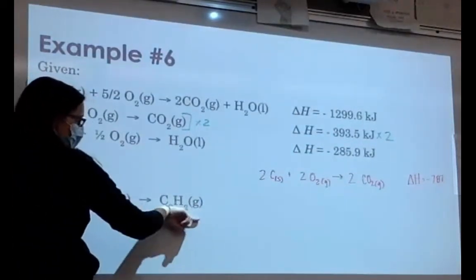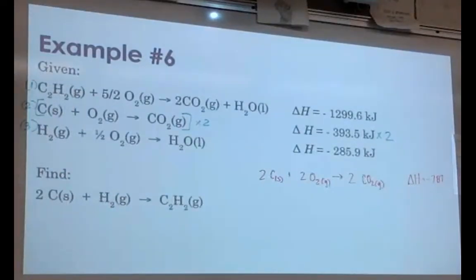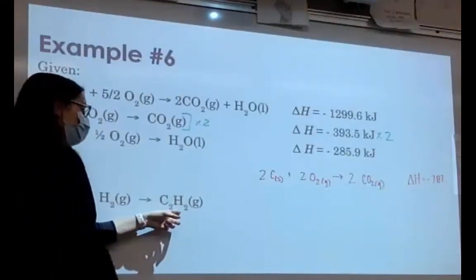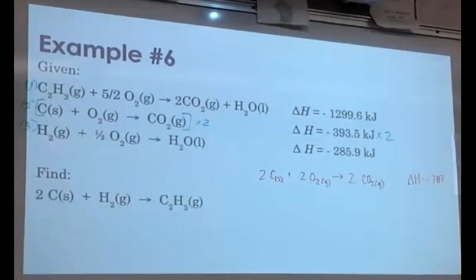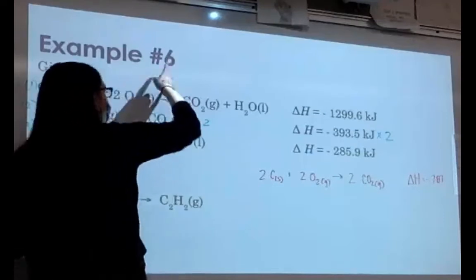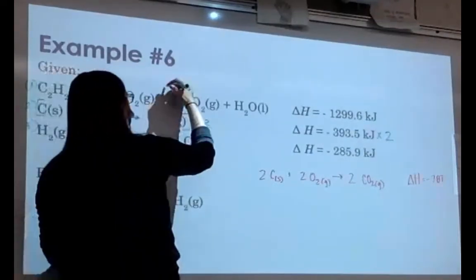I'm going to focus on C2H2 next. I need 1 mole of C2H2 to be a product. In which of these equations do you see C2H2? 1. C2H2 is right here. But it's a reactant. I don't want it as a reactant, I want it as a product. So we have to flip this equation.